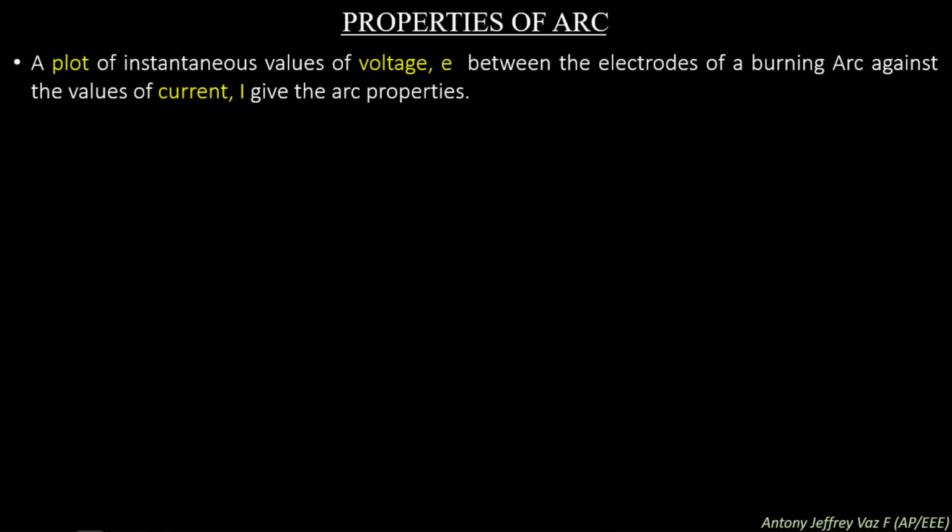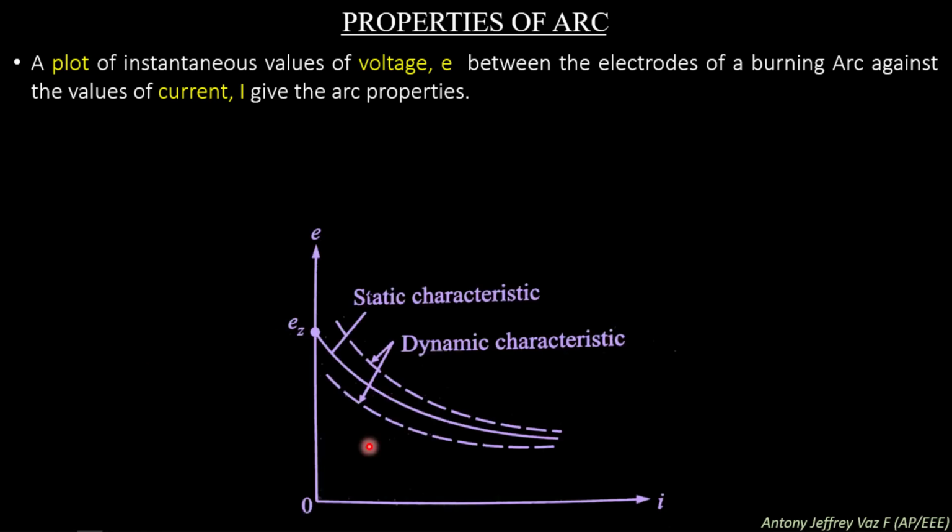A plot of instantaneous values of voltage E between the electrodes of a burning arc against the values of current I gives the arc property. The figure shows the characteristics of arc. On the x-axis, the current is plotted and on the y-axis, the voltage is plotted.